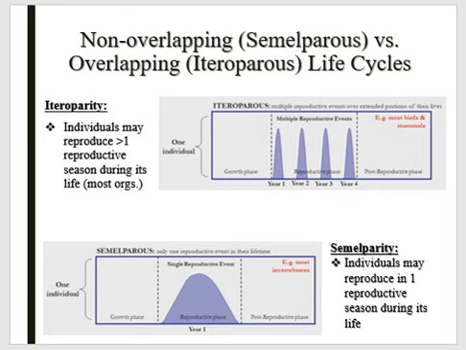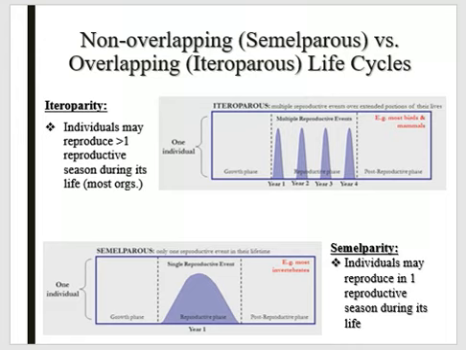Now, when we talk about populations and generations, it's important to consider that there are 2 different types as far as the structure or the time gap between generations. Some populations are semelparous, meaning they have non-overlapping generations.